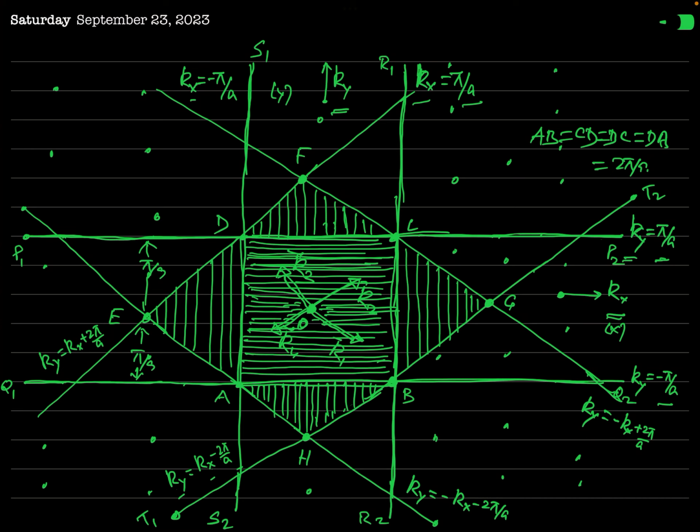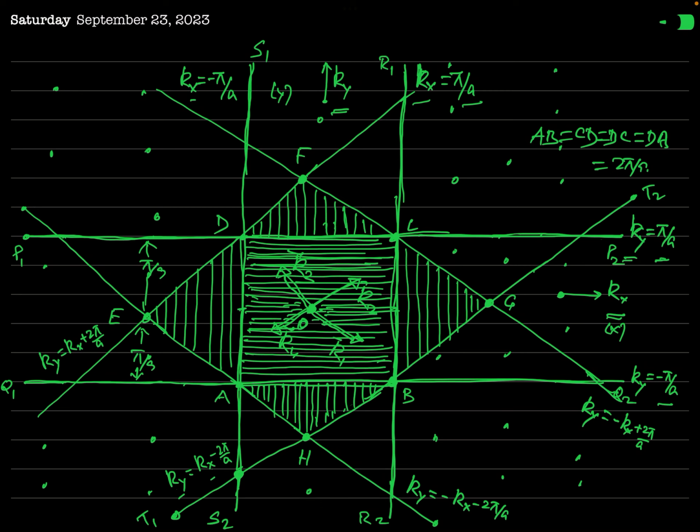You can see the intercept of this straight line on the kappa y axis is on the negative side, and it intersects this line here. And so the distance from here is pi by a, and this distance is also pi by a. So this is 2 pi by a.